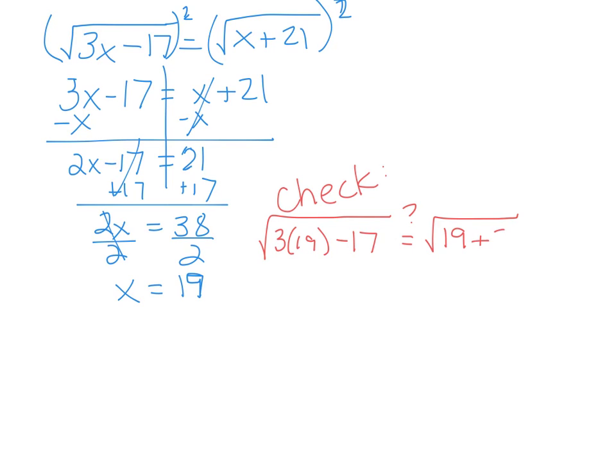If I put this in my calculator, I'm going to get the square root of 40. And here it's the square root of 40. Both are equal, so yes, this is a real solution. That's all we're doing. The hardest part is going to be solving and following those steps.